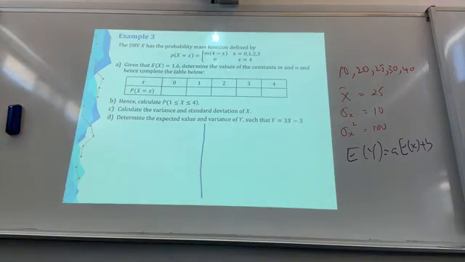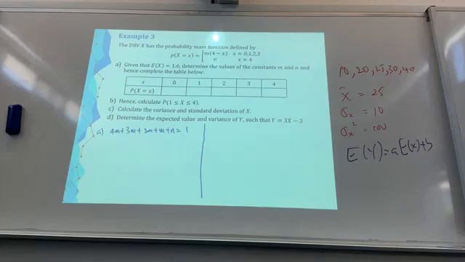So say the probability of 5 is 0.1. You're going to multiply that by 5. And then you're going to add up everything. So probability of 1 times 1 plus probability of 2 times 2. You add them all up and that gives you the expected value.